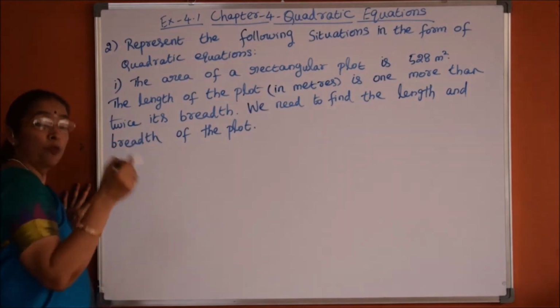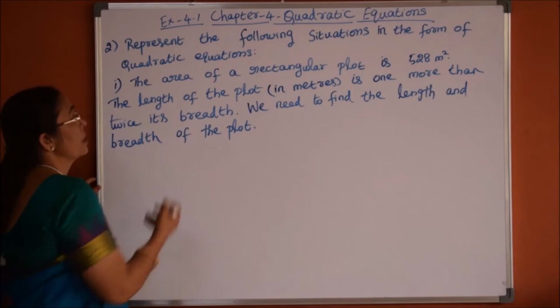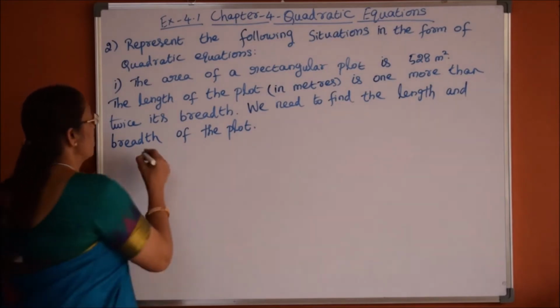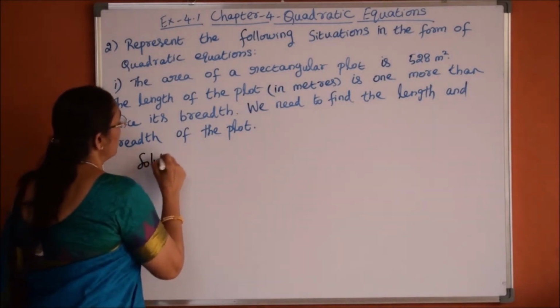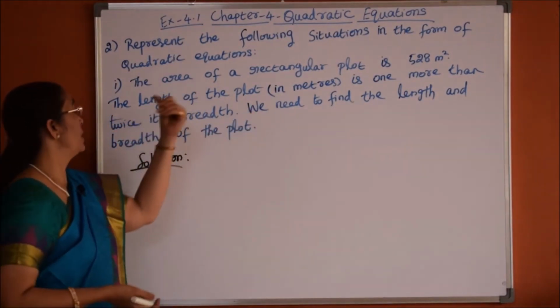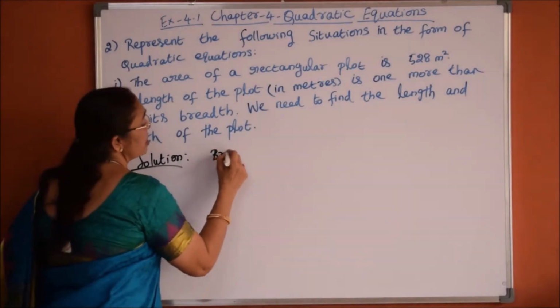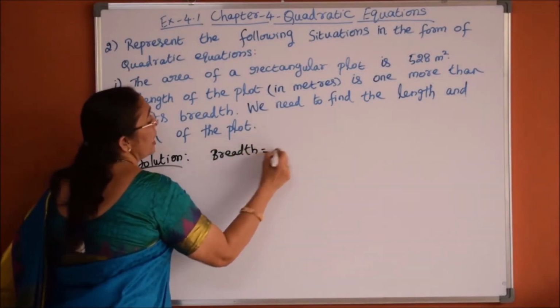So, in what form can you frame the quadratic equation here? Yes, first we consider the length. The length is 1 more than twice its breadth, so we will consider the breadth as x meters.